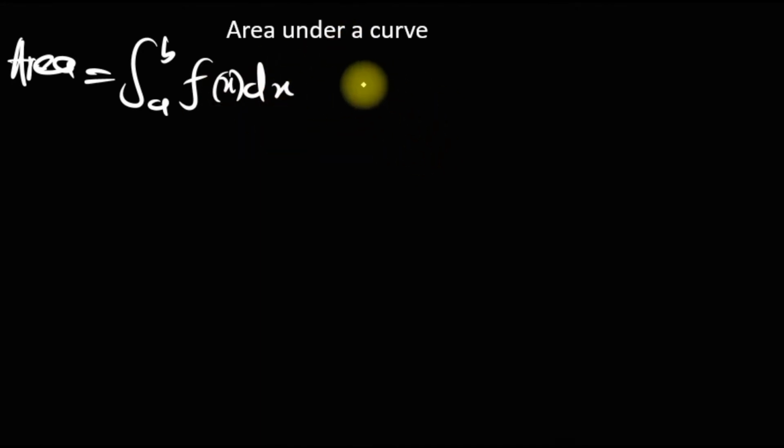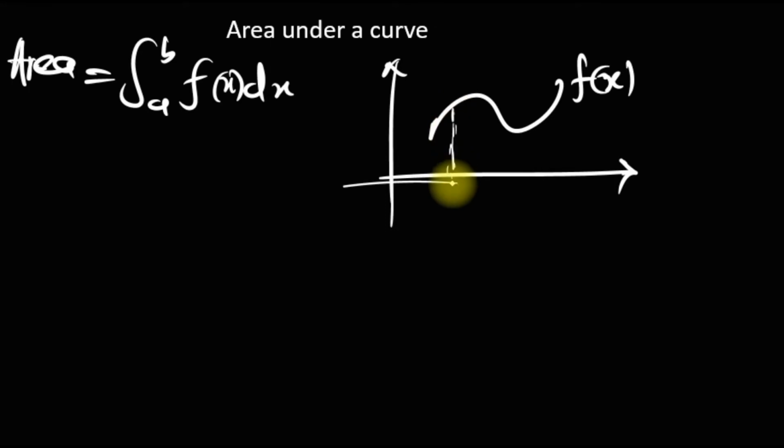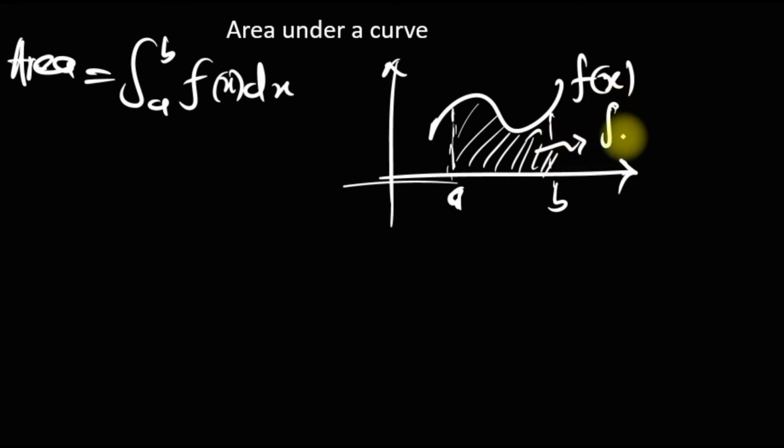So example, if you have a curve, maybe this is the curve f(x), and we're asked to find the area under this curve from a to b. So we are looking for this. The answer is just the definite integral from a to b of that function. That's the area.